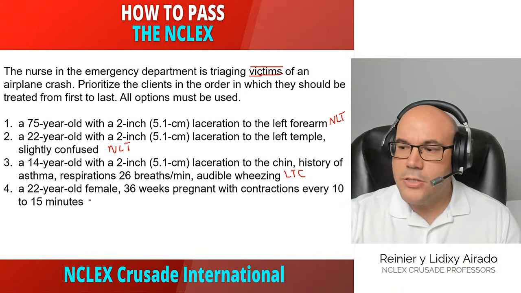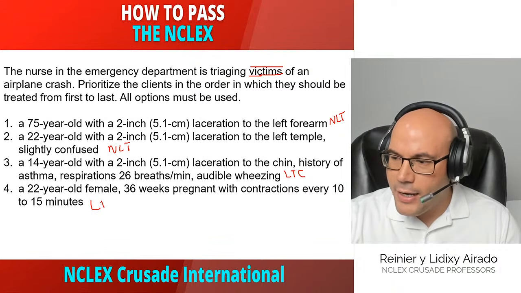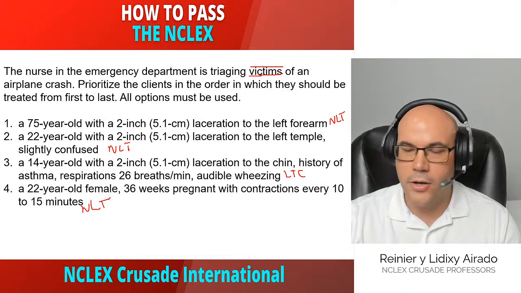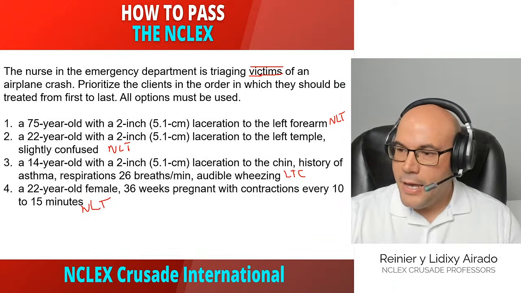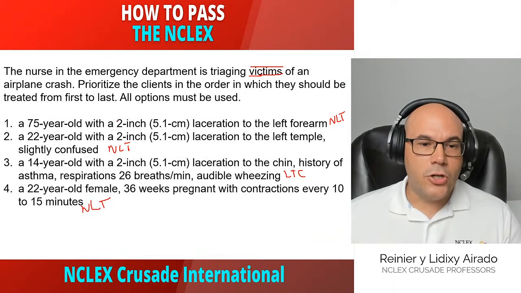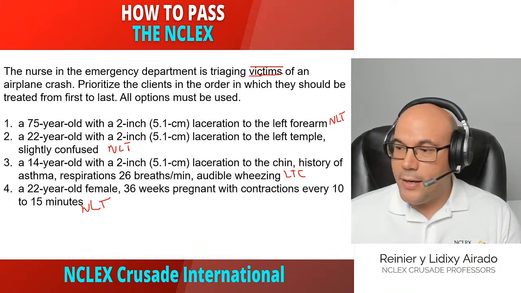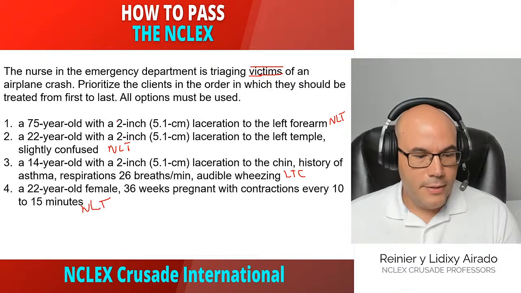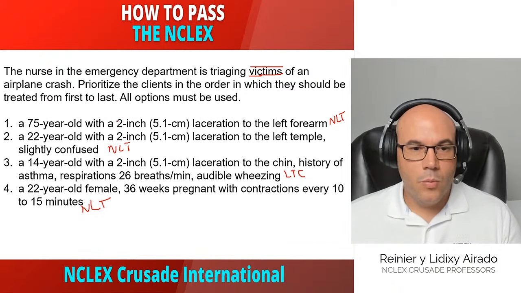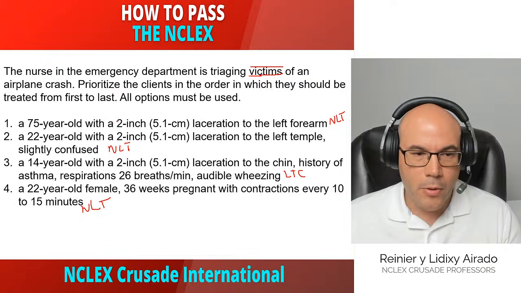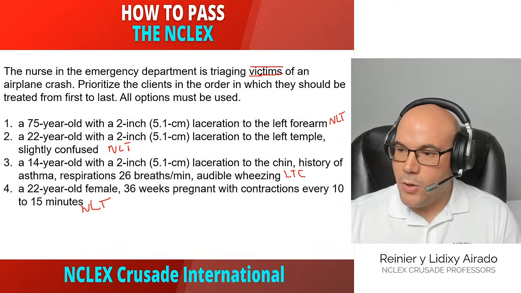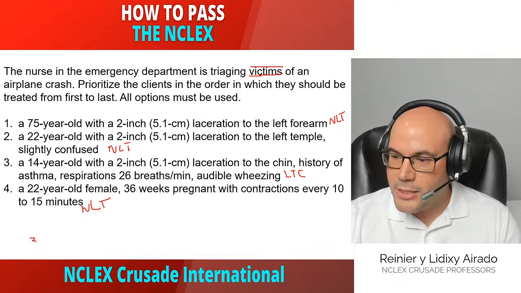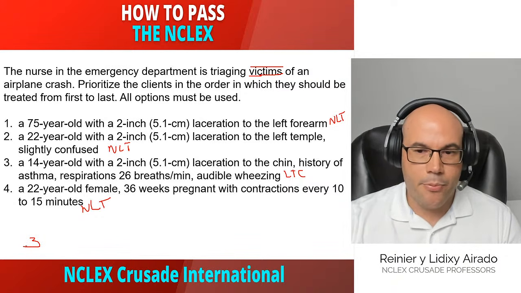Now, I don't consider this a life-threatening condition, so I will put non-life-threatening condition. Out of the 4 answers, which patient has a life-threatening condition? The asthma patient with a probable exacerbation. So I will say that answer number 3 is probably my priority patient.